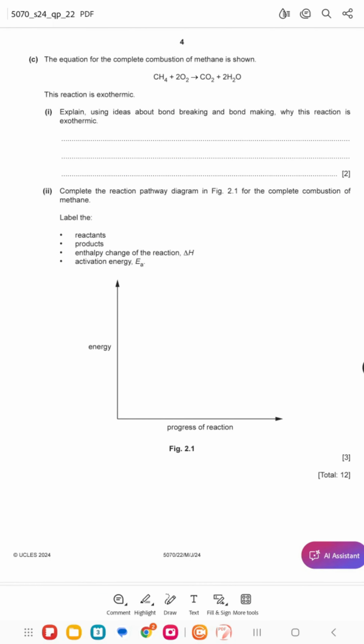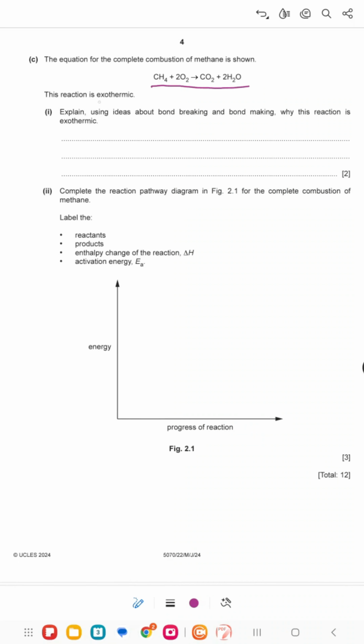This is a similar question from variant 2, May-June 24, 5070. You will attempt it in a similar way. This reaction is an exothermic reaction. Try to attempt it by yourself. This is your time to attempt this question. Draw the energy profile diagram for the exothermic reaction, which will be like this.